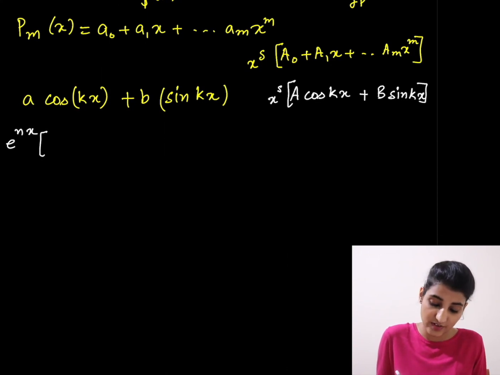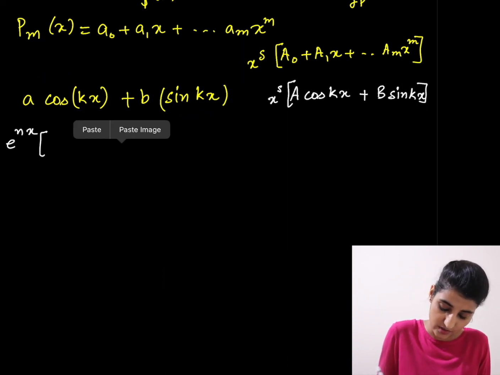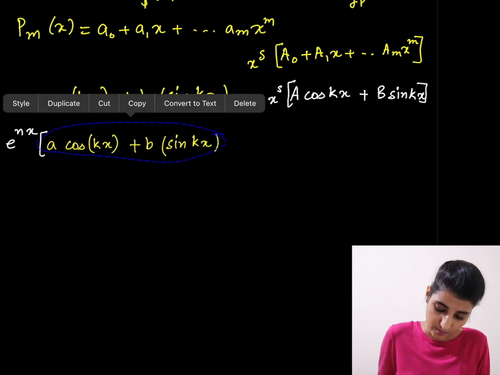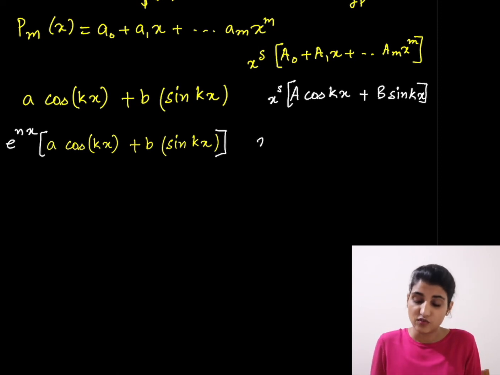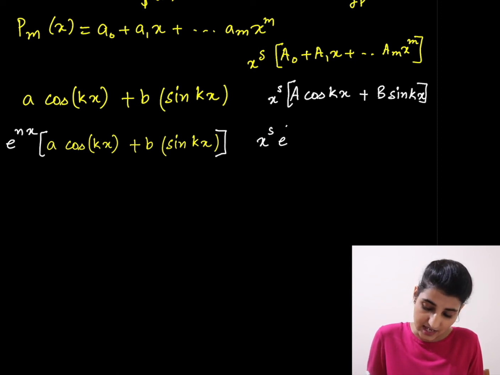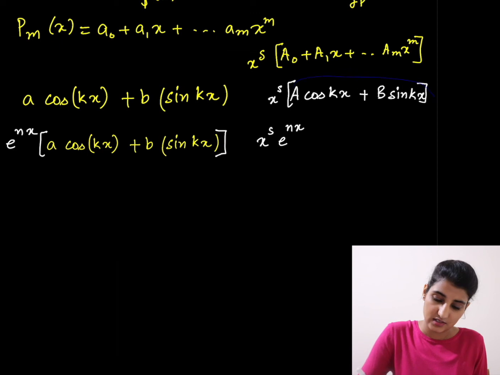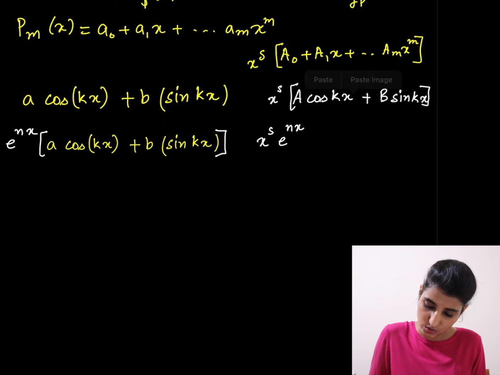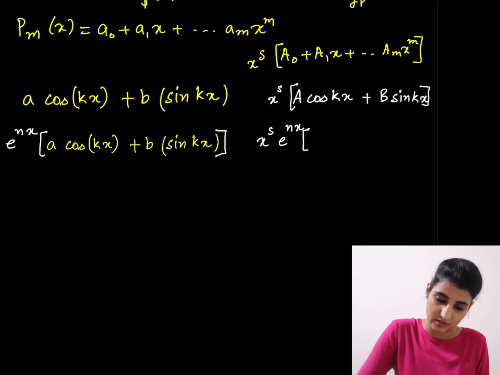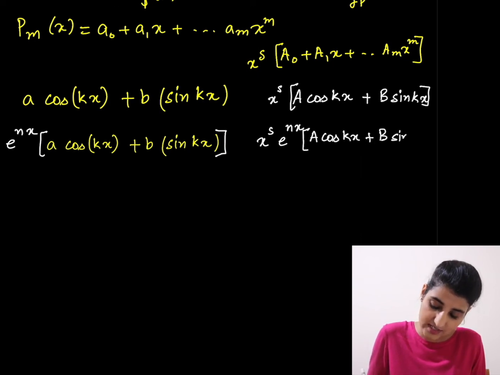If your exponential function is multiplied with a cosine kx and b sine kx, then our yp is x power s e power nx times a cosine kx plus b sine kx.